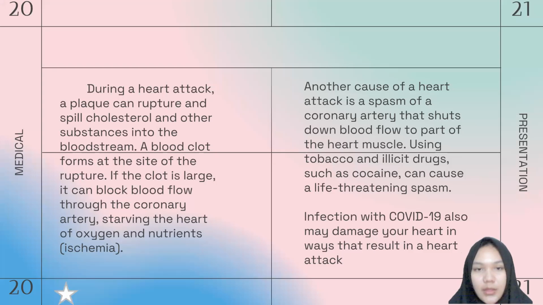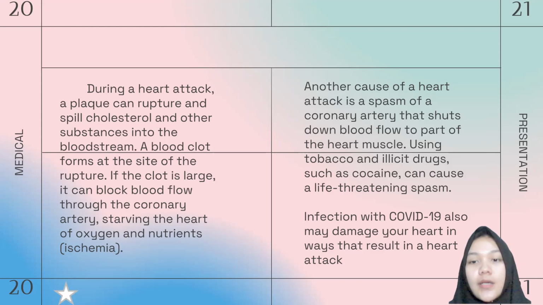Next, during a heart attack, a plaque can rupture and spill cholesterol and other substances into the bloodstream. A blood clot forms at the site of the rupture. If the clot is large, it can block the blood flow through the coronary artery, which means it will starve the heart of oxygen and nutrients, which we call ischemia in medical terminology.